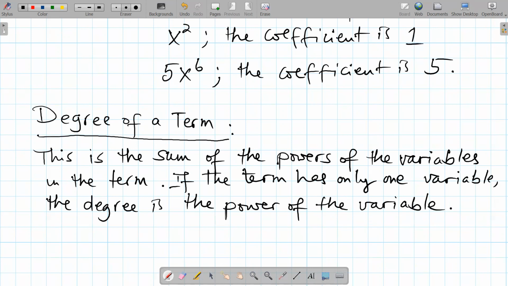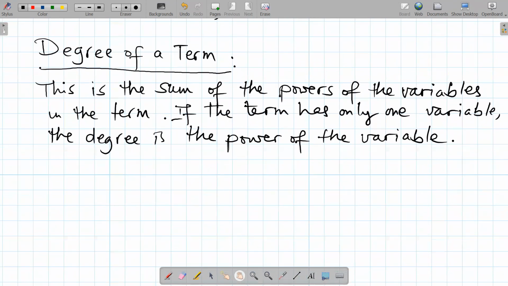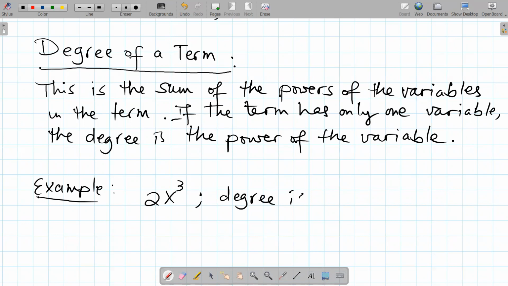Okay. Let's take an example here. If you have 2x to the third, the degree is 3, because we only have one variable in this term, which is x, and so the power there is the degree.